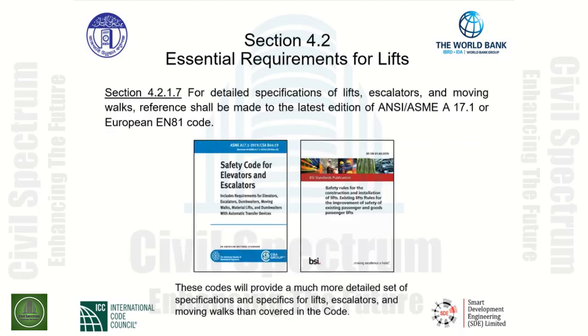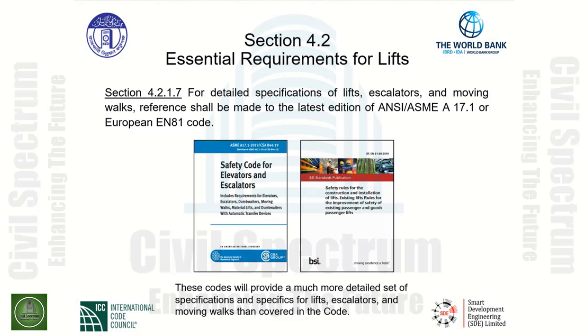We have reference standards. Section 4.2.1.7: for detailed specifications of lifts, escalators, and moving walks, reference shall be made to the latest edition of the ANSI ASME A17.1 or European EN 81 code.